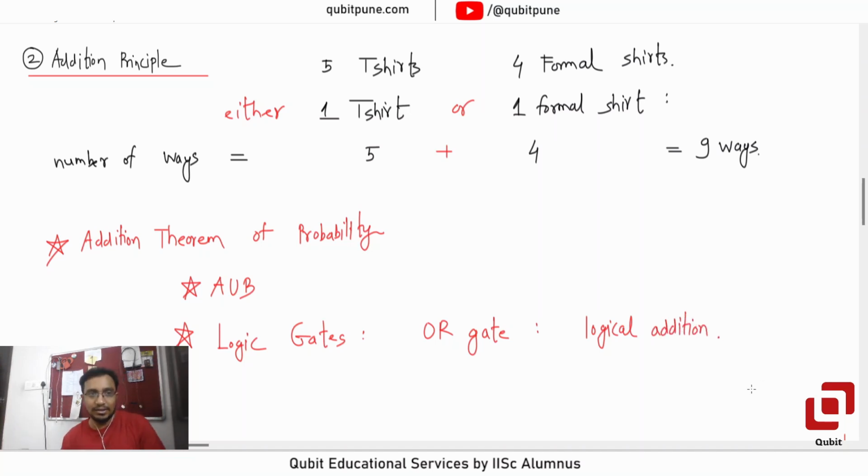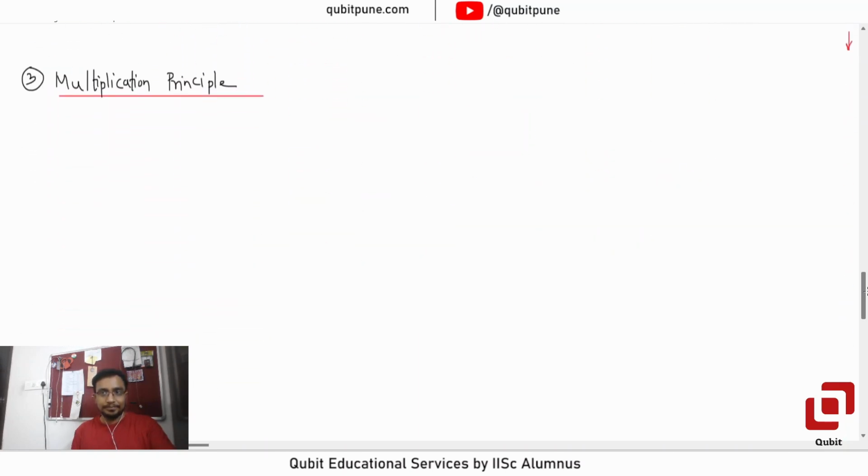If you have had computer science in your 12th standard, bifocal subject, you know what I'm talking about. Addition, union, those are related. Either or. So three keywords are important: addition, either or, and union.